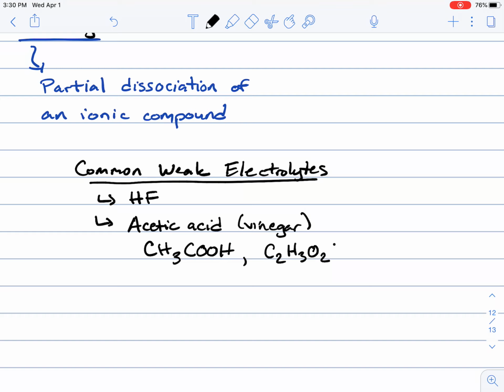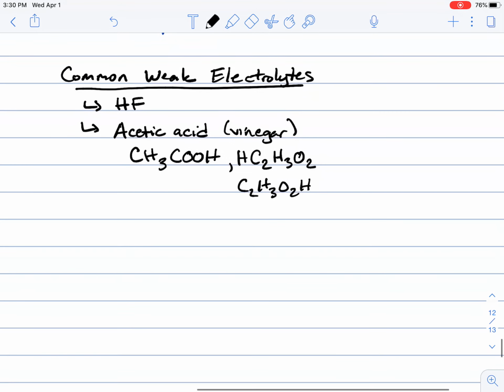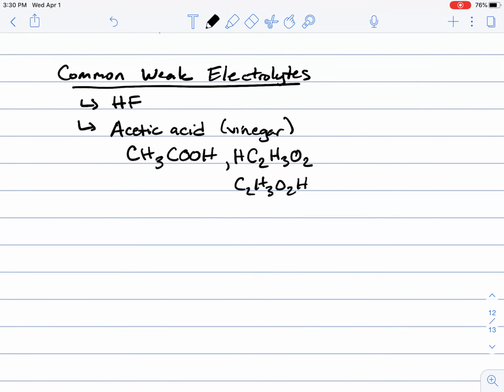Let me add that hydrogen in the front to represent it being an acid. If you wrote C2H3O2H, it's not a common way of writing acetic acid, but the point gets across. Long story short, once again, if you have either of these two, these are common weak electrolytes.